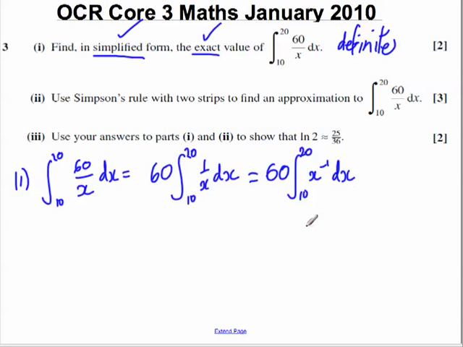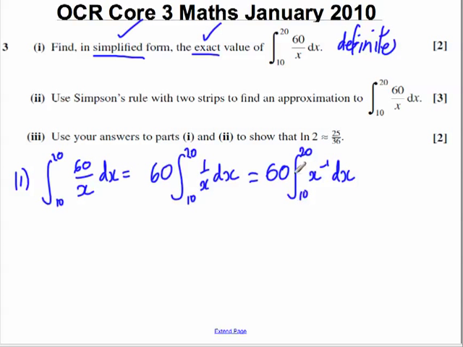Now, looking at this here, if we're not sure what the integral of this is, think what it might be. Usually, with x to the powers, we raise the power by 1 and divide by that new increased power. If we raise this by an extra 1, this would be x to the 0, and you'd attempt to divide by 0. You know that you can't divide by 0 in mathematics, so that rule of adding 1 to the power and dividing is not going to work.